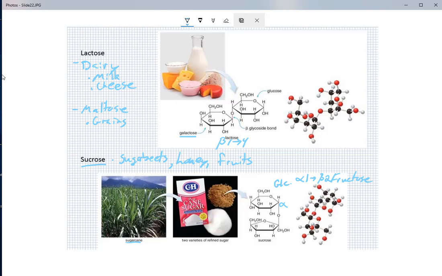As far as the acetals and hemiacetals here, remember that this carbon 1 is a hemiacetal. So that's a hemiacetal, and it's unstable.